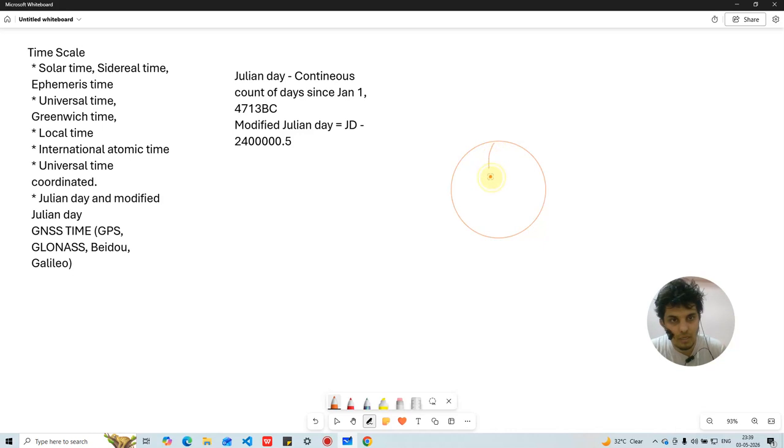Somewhere around England there is one line passing that is 0 degree longitude. Alright, and then we have the equator, 0 degree latitude.